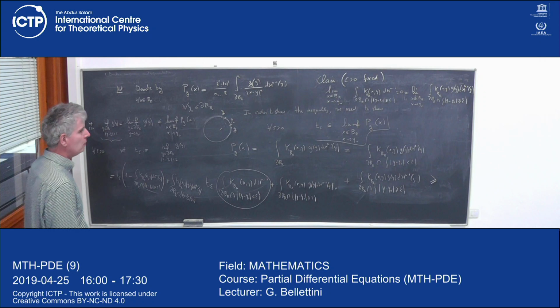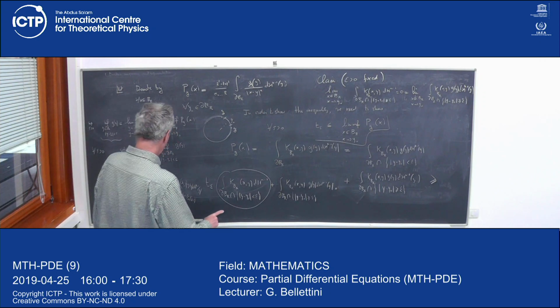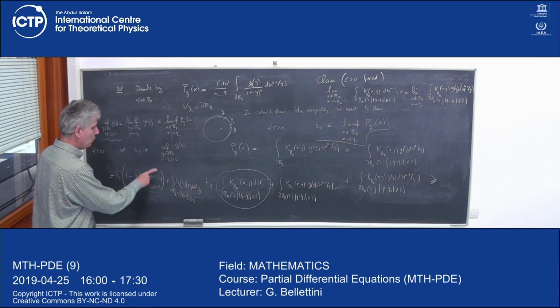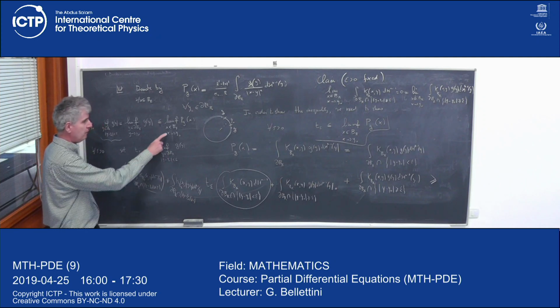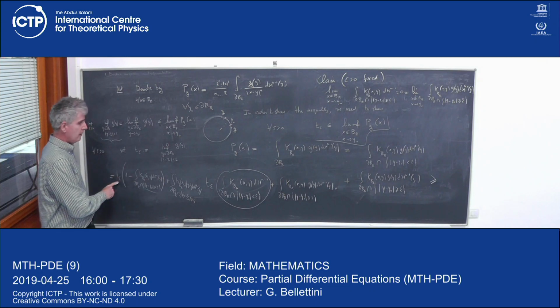Now this concludes because this is converging to 1, this is converging to 0, and therefore the lim-inf is larger or equal than T epsilon.